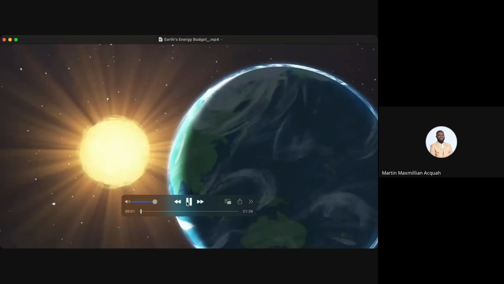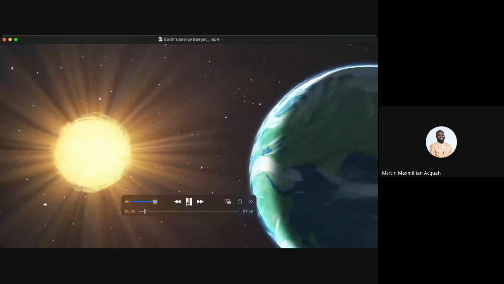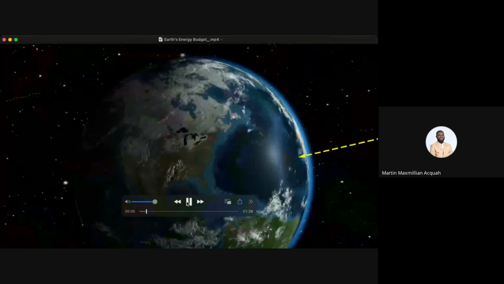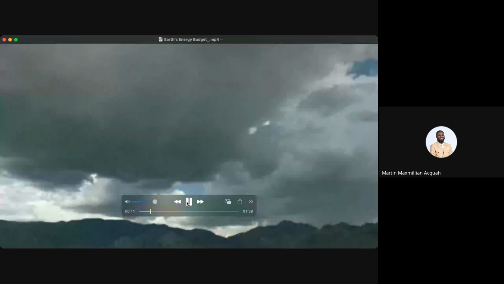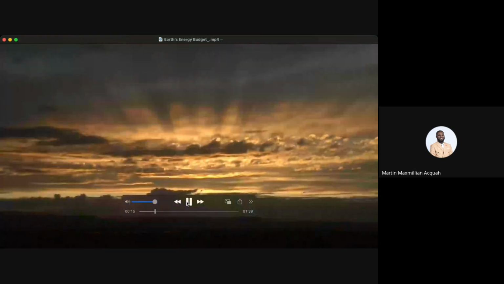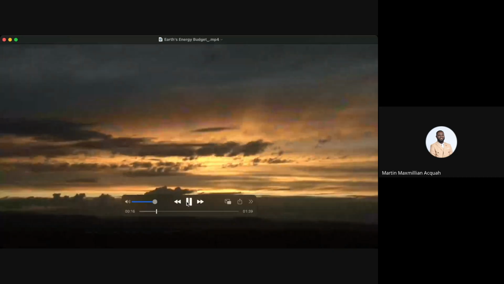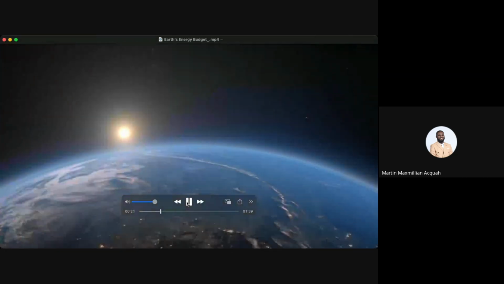The sun pumps out energy in all directions, 24/7, and Earth soaks in it every day. Some of that energy gets absorbed by the oceans, the land, the atmosphere, and some gets reflected back out into space. How much stays and how much goes is a function of Earth's energy budget. Almost all of Earth's energy comes from the sun.